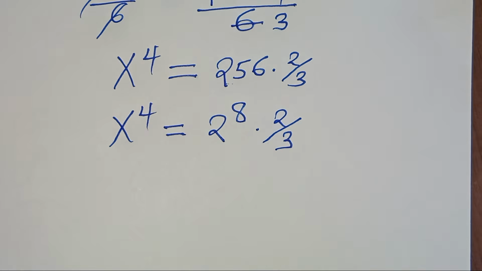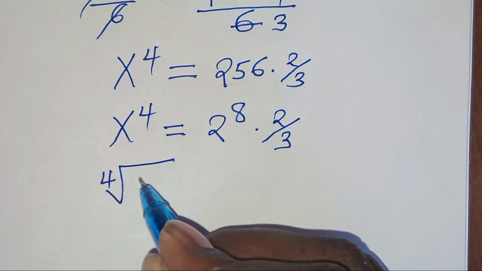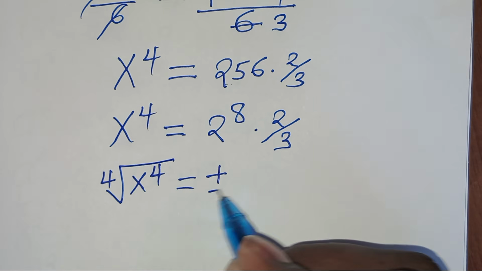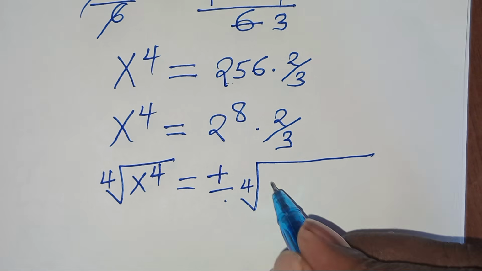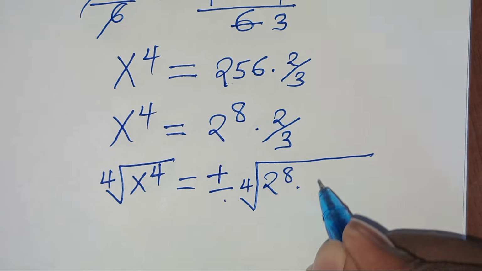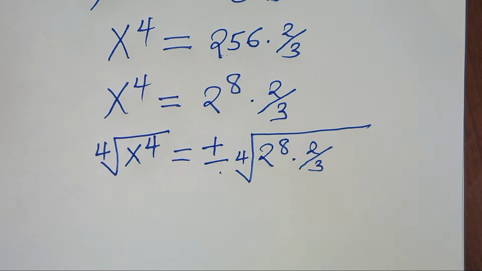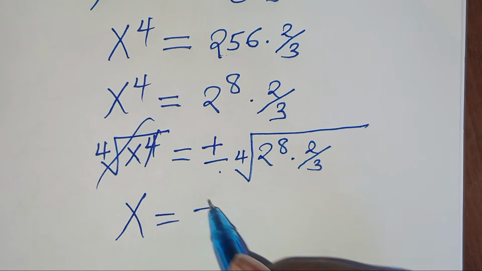Now, to solve for x, let's introduce the fourth root on both sides. This is the fourth root of x to the power of 4, equal to plus or minus the fourth root of 2 to the power of 8 multiplied by 2 over 3. So that now, here we have x is equal to plus or minus.